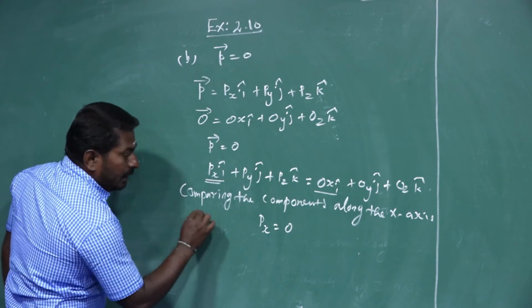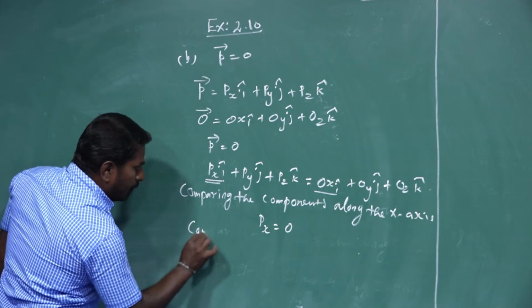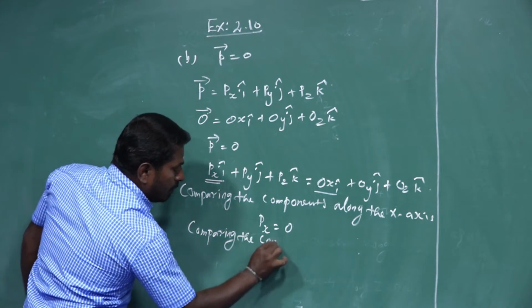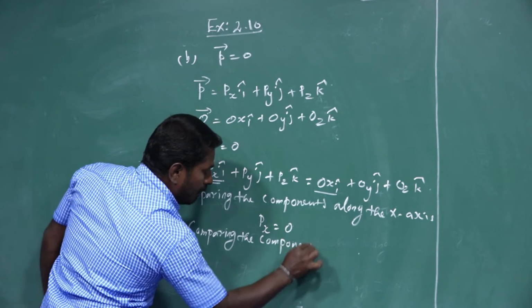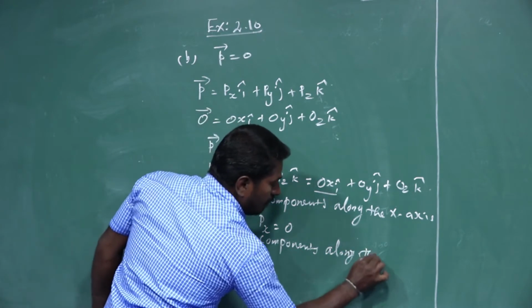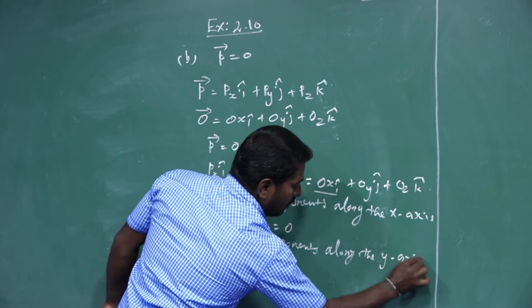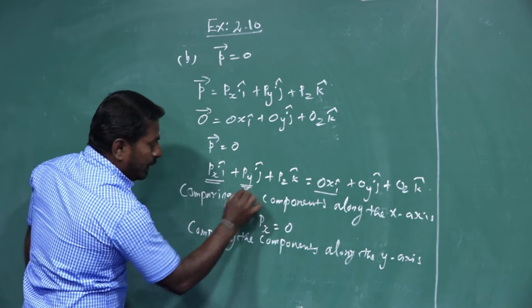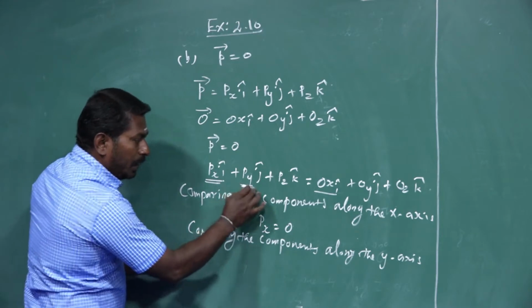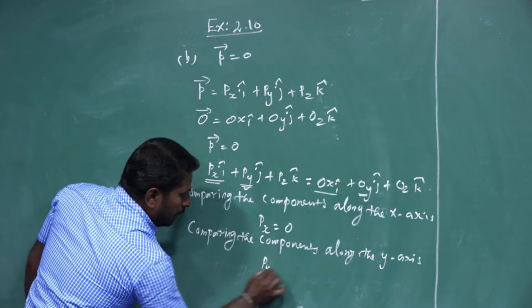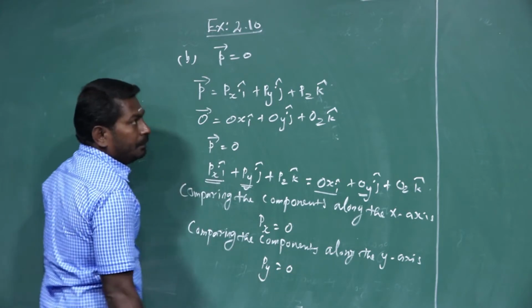Then comparing the components along the y-axis: Py is equal to 0y, so Py is equal to 0.